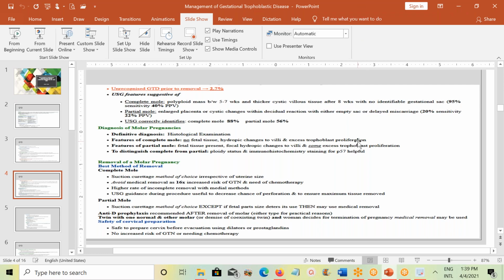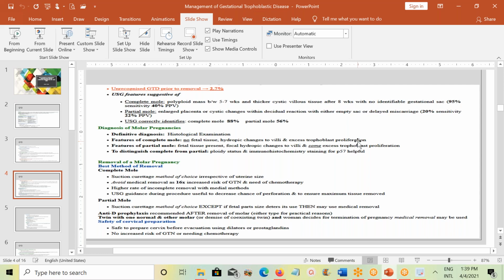But if there is hemorrhage, you cannot let your patient die of hemorrhage, so in that case you will have to give oxytocin. Such procedures should be done by the consultant. If there is excessive bleeding before or during the removal, they should expedite the surgical removal, and then the consultant can start oxytocin after risk benefit analysis.